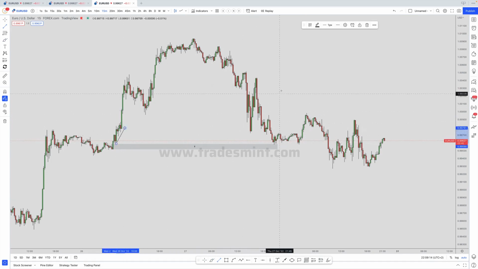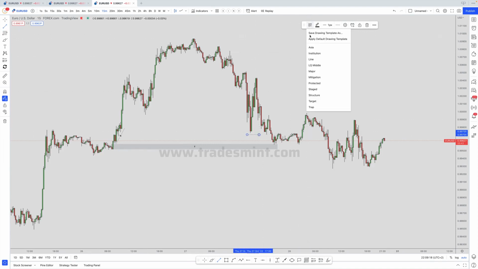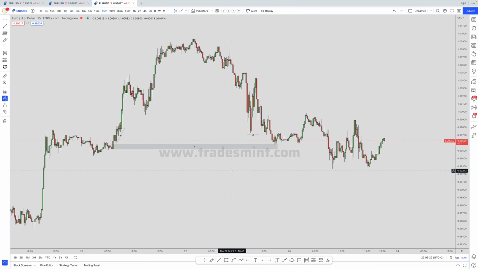So whenever you take a lot of liquidity, like here and so on, you can of course expect that at some point price will give you some form of pullback. And in this case, the only demand zone, which could lead to that one potential pullback, is an SMT.